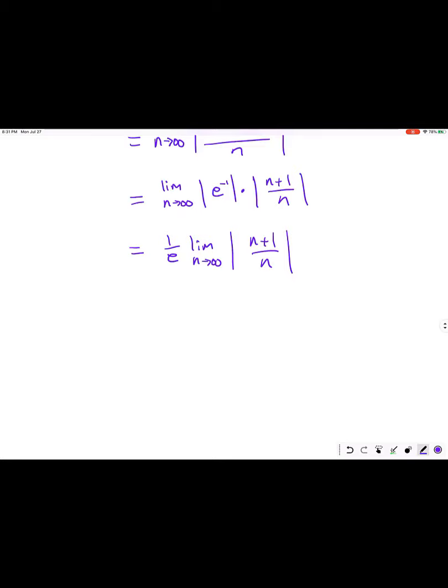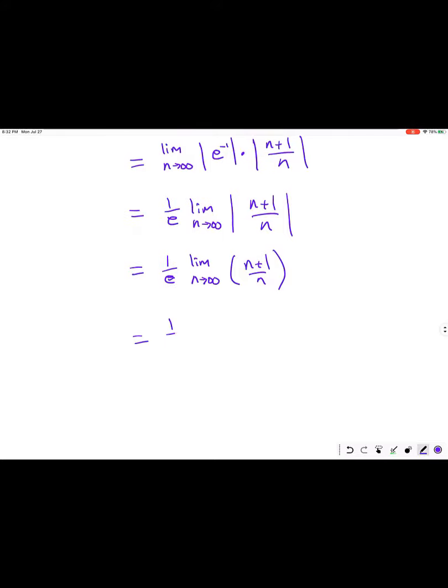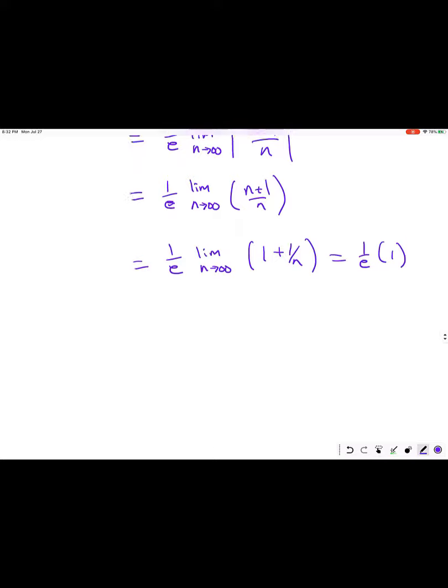And once again, n plus 1 over n, as n approaches infinity, those are going to be positive things. So I can write this as 1 over e times the limit as n approaches infinity of n plus 1 over n. And that is equal to 1 over e times the limit as n approaches infinity of 1 plus 1 over n.